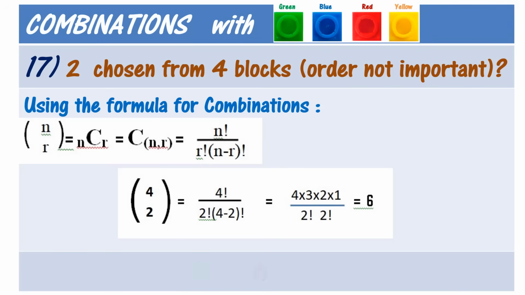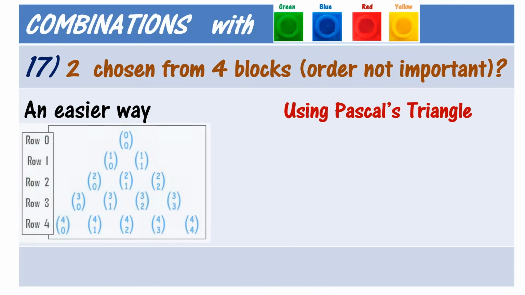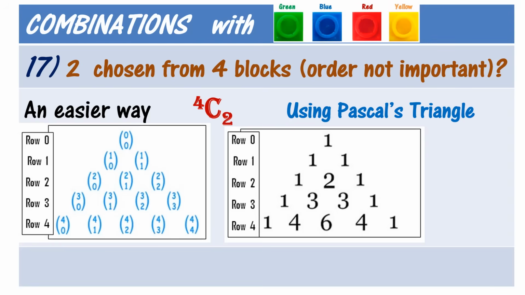And the answer I get is 6. Is there an easy way for combinations? There certainly is. It's Pascal's triangle. On the right is Pascal's triangle, and on the left are the combinations you can set out to match Pascal's triangle. If we were working out 4C2, we go to row 4 to the second term, and there's the answer, 6.